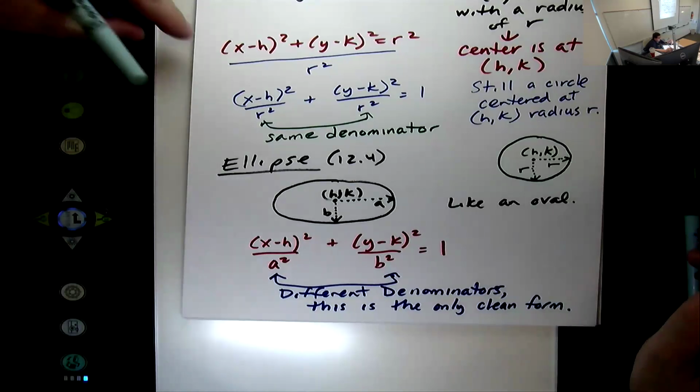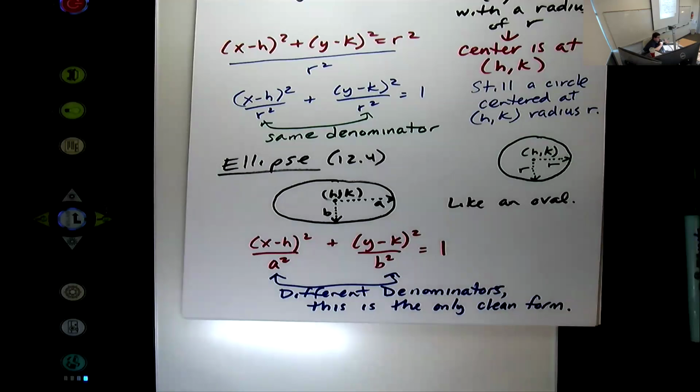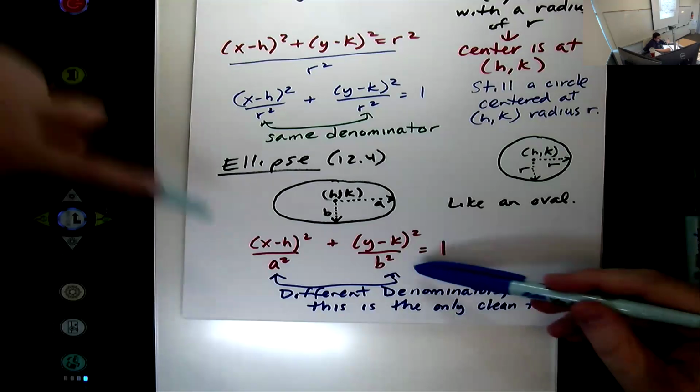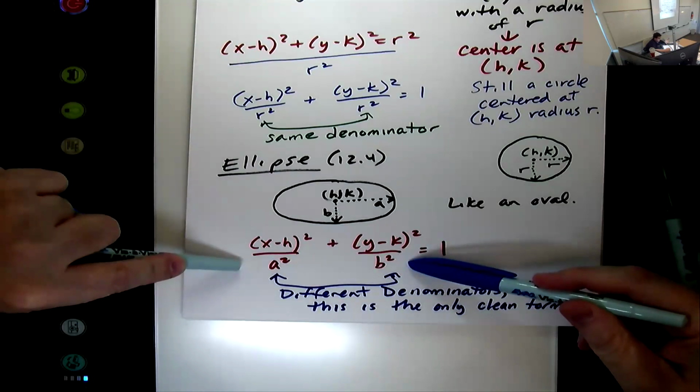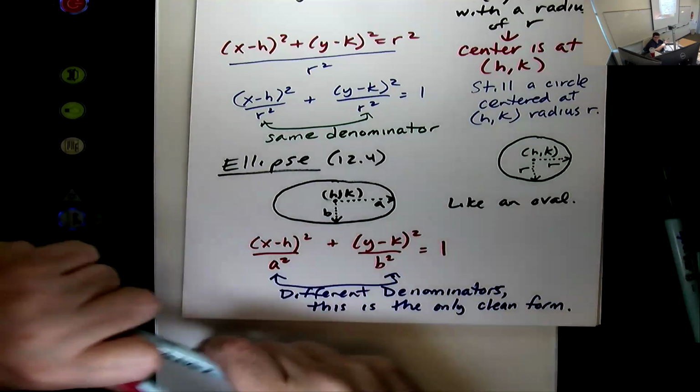I think not having the fractions with r squared for the circles looks better. I think my red equation up here looks better for a circle. I can't do that here. If I multiply through by a squared and b squared, I'm gonna have different coefficients. I can, but it's not as easy to see what's going on.